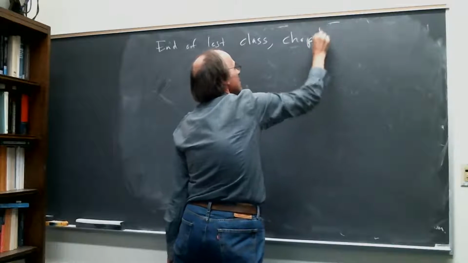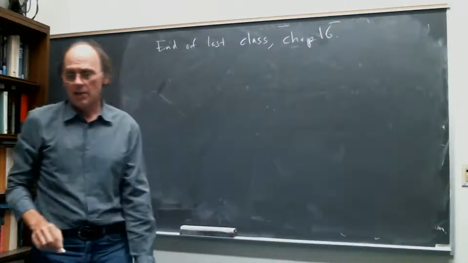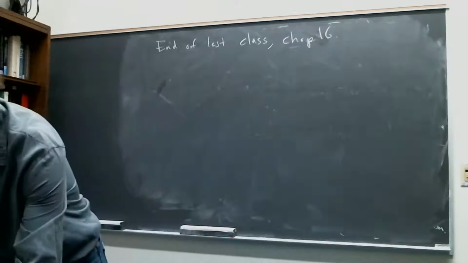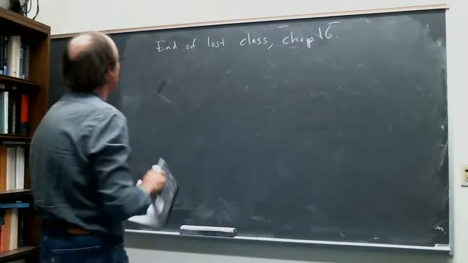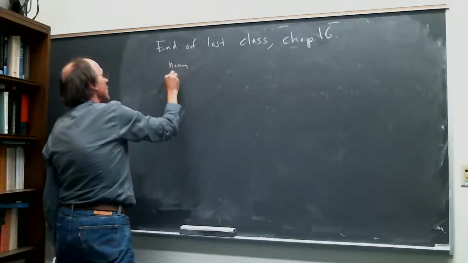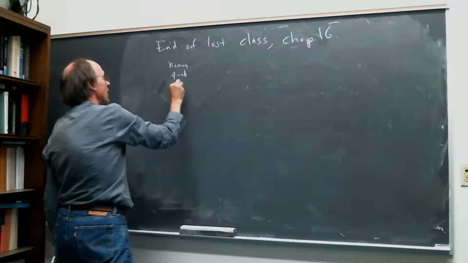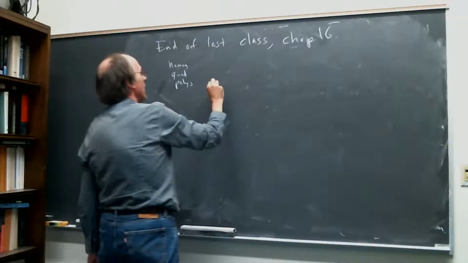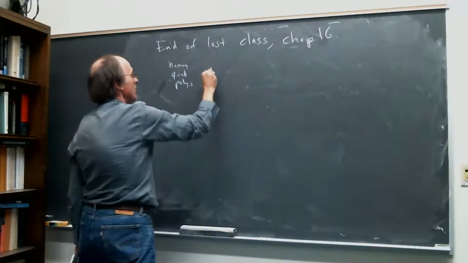I was talking about stuff that's in chapter 16, and what I said there was that homogeneous quadratic polynomials are a Lie algebra.